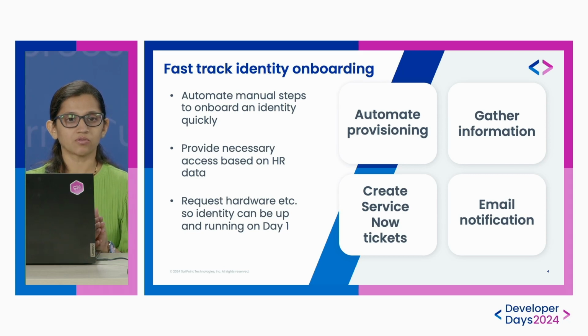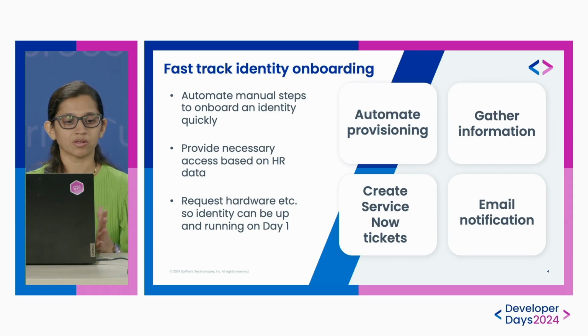To fast track it, we will try to automate the provisioning, which will take care of creating the accounts for the user and also handling the basic provisioning of birthright access roles and entitlements and everything. And then we will use forms to send out an email to the manager so that we can collect all the information from the manager so that we can create ServiceNow tickets if required for the hardware provisioning or anything else that needs to happen as a manual process, and then also sending out any email notifications that are required during the entire onboarding process.